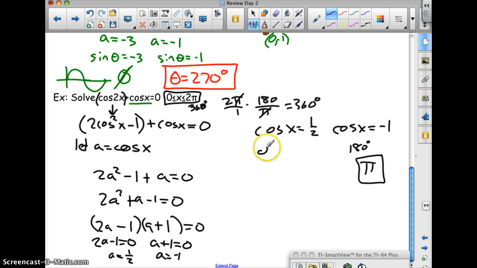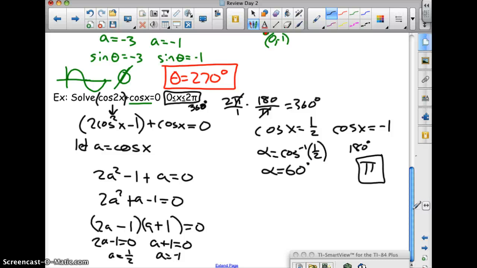Cosine x equals 1/2. That's alpha equals the arc cosine of 1/2. All right, when I take the arc cosine of 1/2, I am going to get 60 degrees. And I did that from my reference, from my 30, 60, 90 triangle. Okay, and you can also use your calculator. Now, this is cosine positive, right?